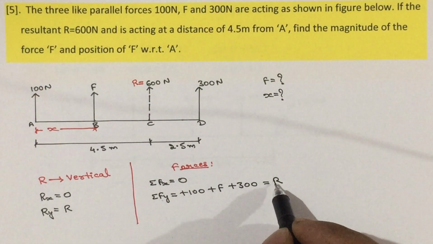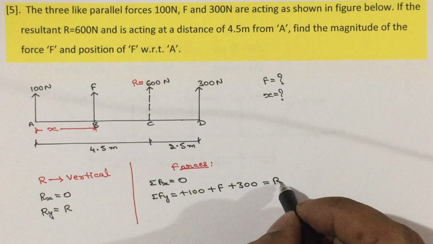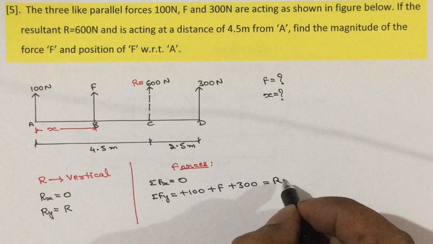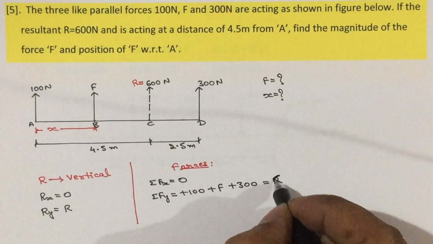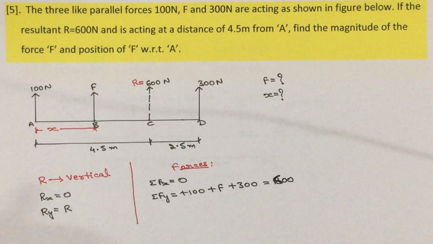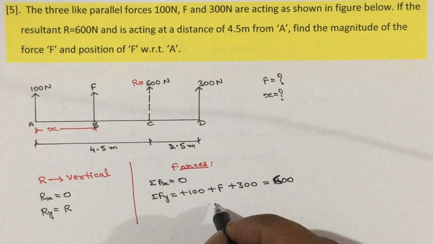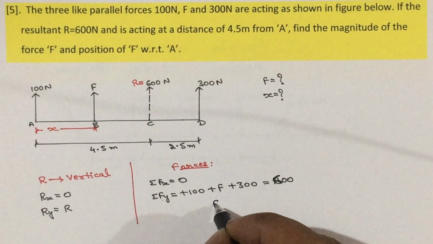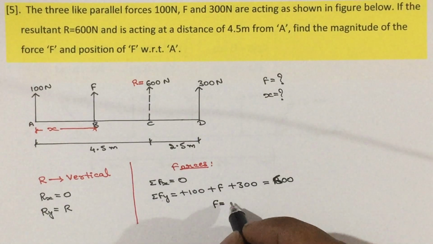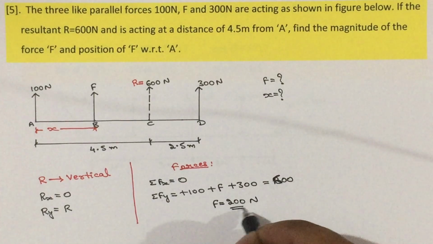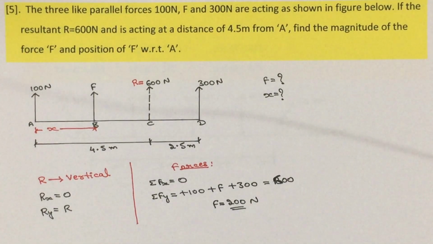In this equation, the resultant is already given as 600 Newton, so R is equal to 600. Here in this equation only F is the unknown. If we calculate F, we get it as 200 Newton. So we got the value of F.